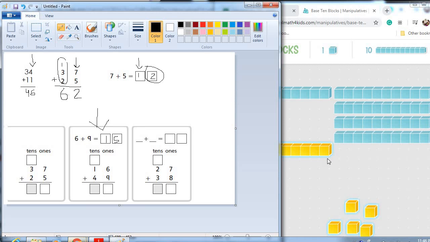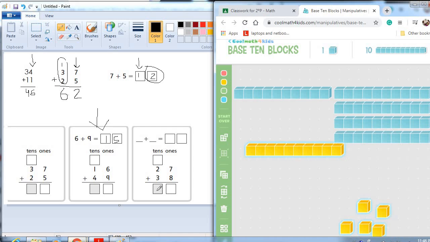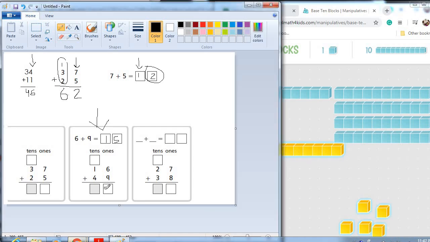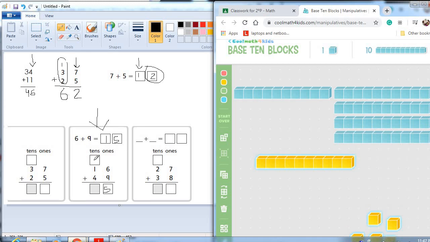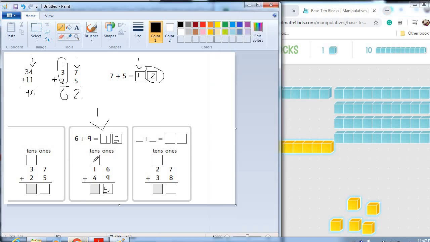I need to write 5 in the ones column. Necesitan escribir 5 en el column de unos. And I write my 1 in the tens column. Y yo escribir el 1 en el lugar para los deciendos.